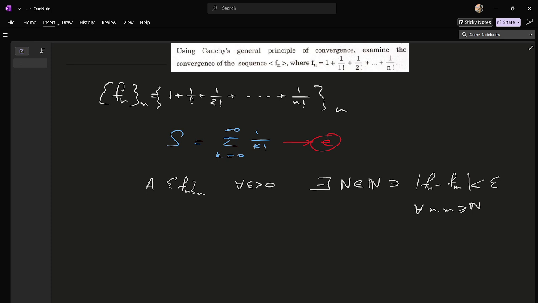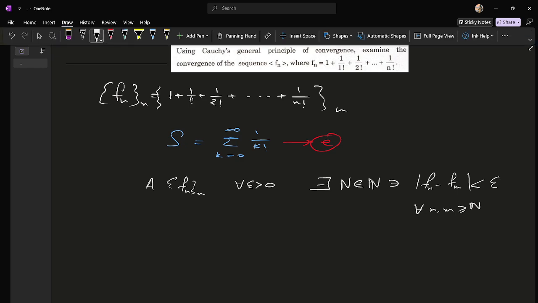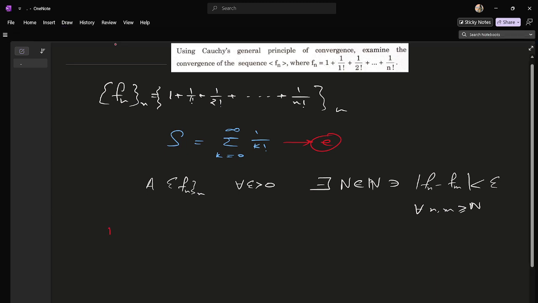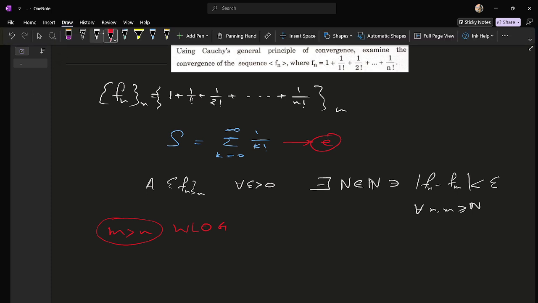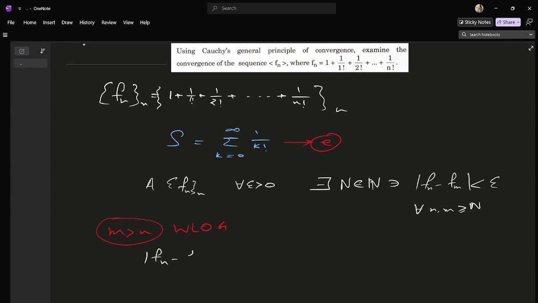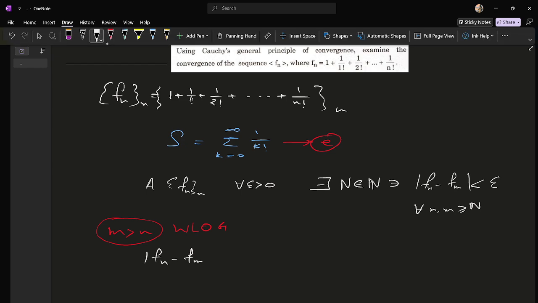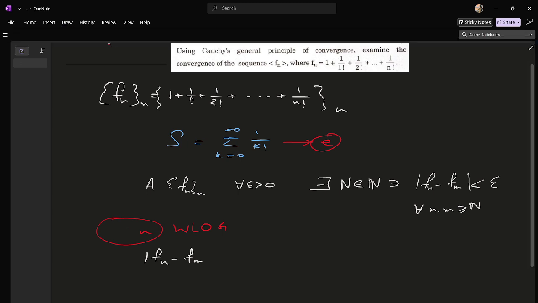Without loss of generality, we take n greater than m.